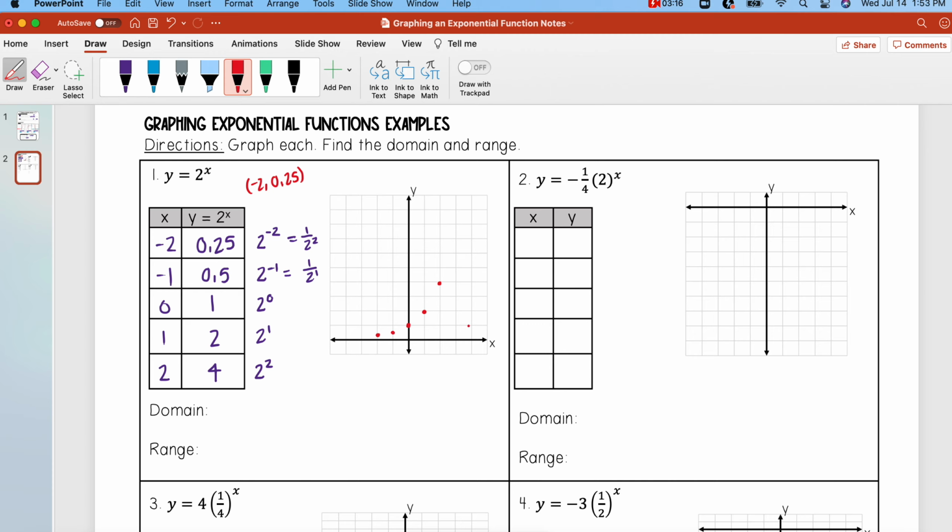And then you could keep going. If I put 3 here, 2 to the 3rd is equal to 8, and I could put that in as well. I see that this is getting really, really close to the x-axis, but it's never going to cross because I can never get a negative number out of this. So I'm going to follow this x-axis when I'm graphing it, and then go up.